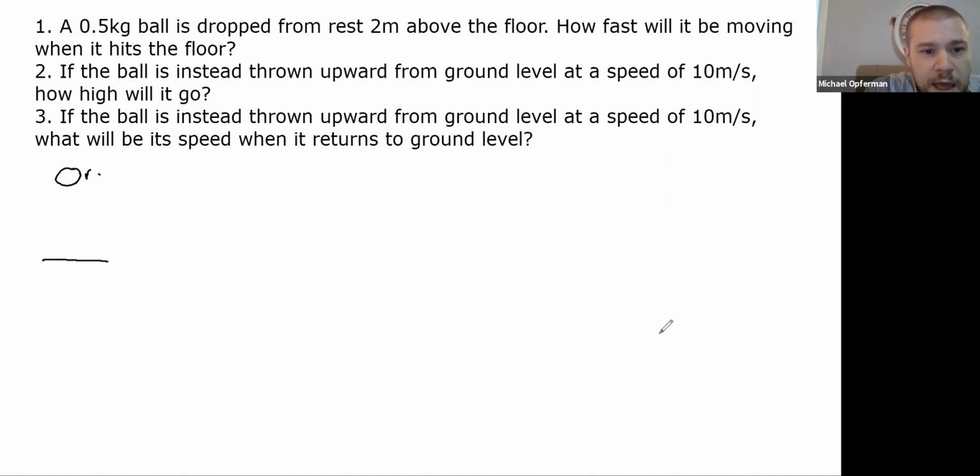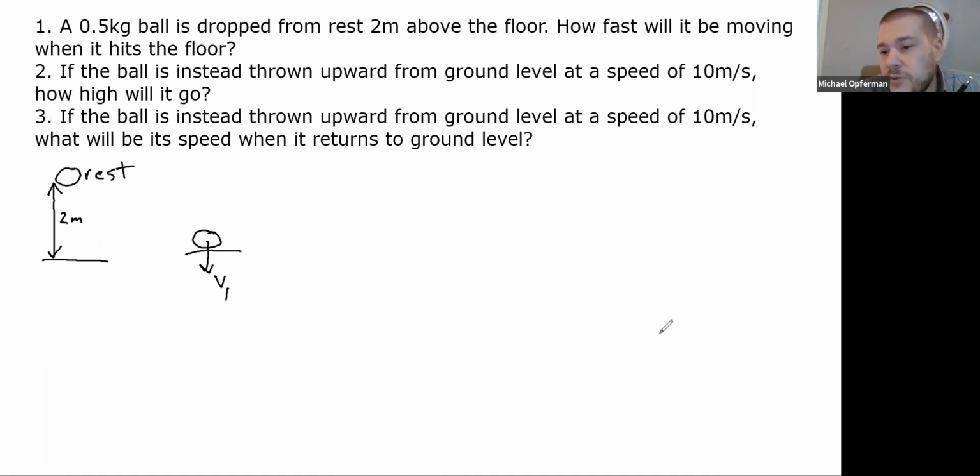It's released from rest, so it's at rest in this picture, and it's 2 meters above the ground. And the final state is, it hasn't quite touched the ground yet, but it's about to hit the ground, traveling at an unknown final velocity. Let me call it v1, since this is part one of the problem. Okay, so there's my initial state, there's my final state.